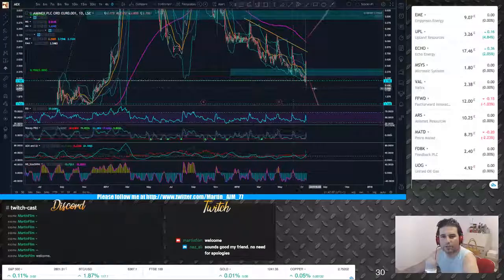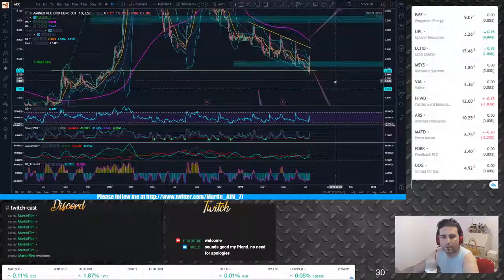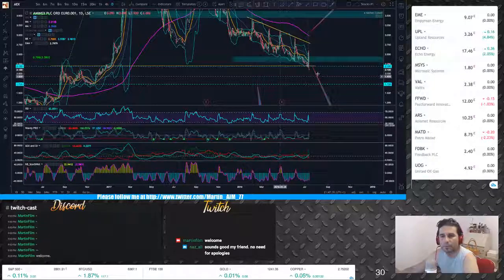There's demand there on that dip, and also RSI is back down. But I would be cautious, obviously, because it could fall back down further to 1.72, which is the next support line.